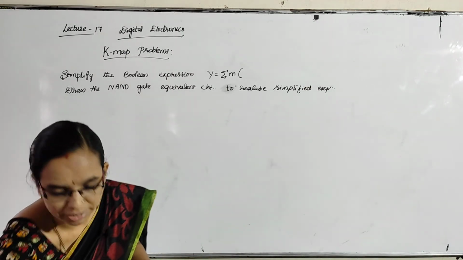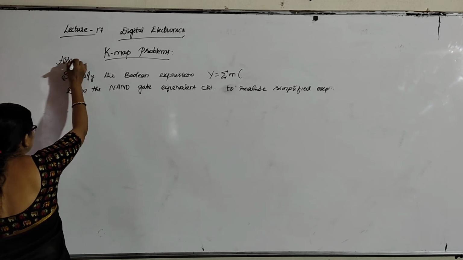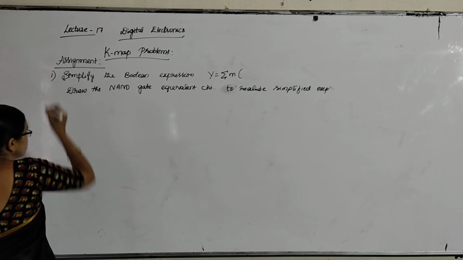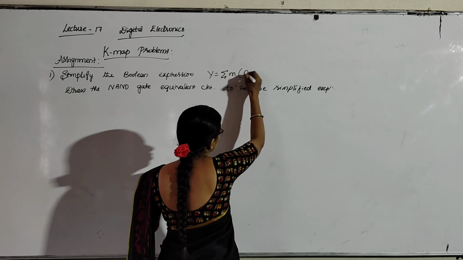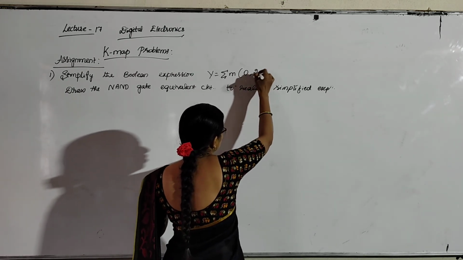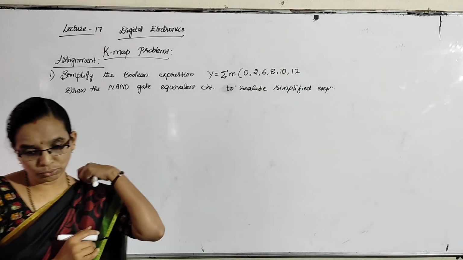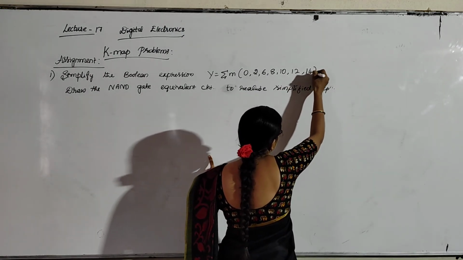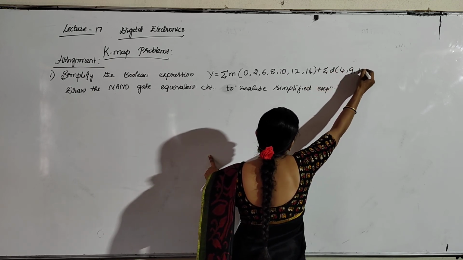Take down the assignment questions. There are 2 problems remaining. Take that as an assignment. This is the first question: summation of 0, 2, 6, 8, 10, 12, 14 plus don't care conditions 4, 9, 13.